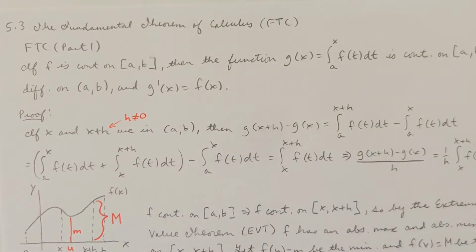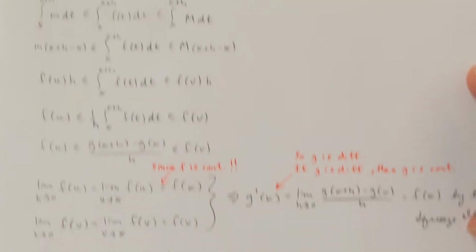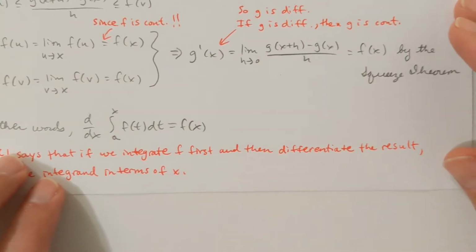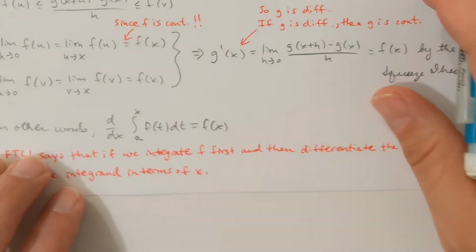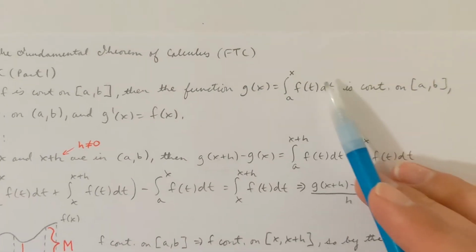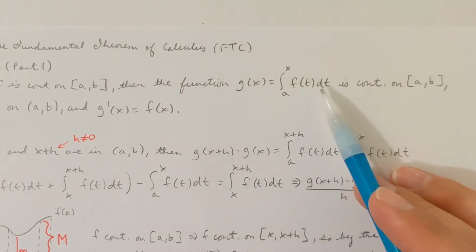Okay, now what does this mean? Well, essentially, if I go down to the bottom here, the fundamental theorem part 1 is saying that if you integrate a function first and then differentiate the result, you're going to get the integrand, but in terms of x. Now the integrand is the function that is inside the integral here, right? f of t.